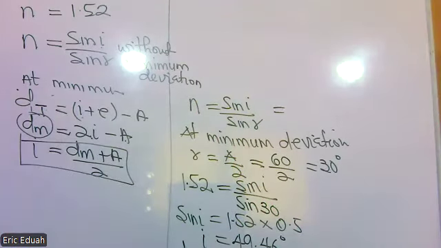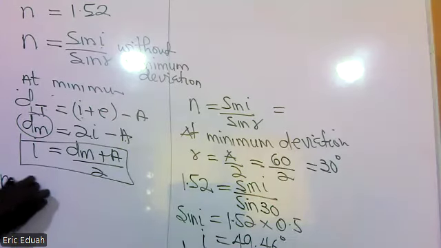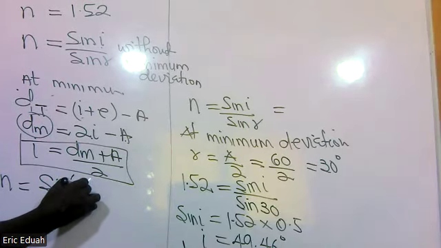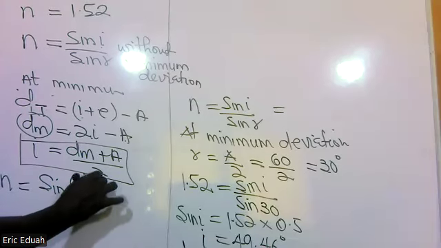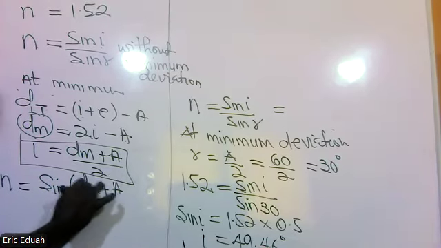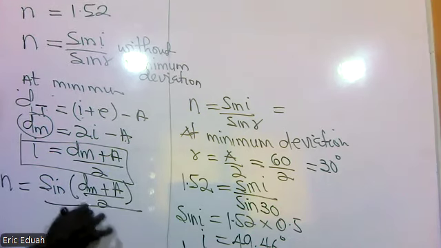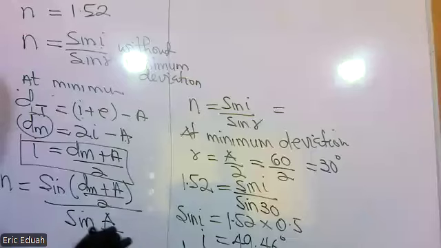There is another way. The other way is using this. Refractive index is equal to sine of (minimum deviation plus A) over 2 over sine of A on 2.